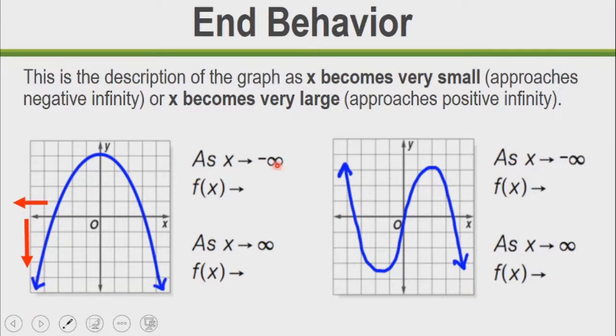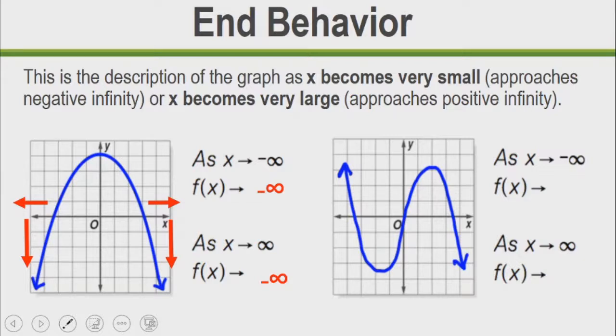When x approaches -infinity, we say that the function also is approaching -infinity. What about the other end? When x is approaching positive infinity, we see that the function is still going in the negative direction. That means it's also still approaching negative infinity.